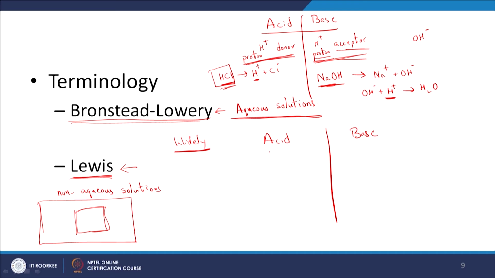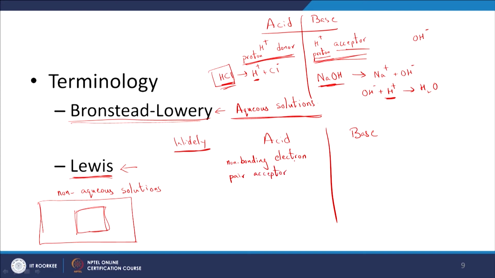So again, what is a Lewis acid, right? We are going to say it is a non-bonding electron pair acceptor.